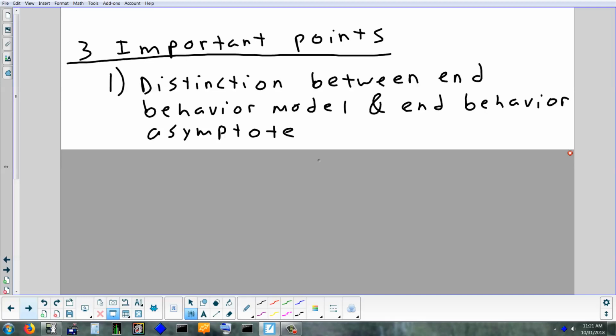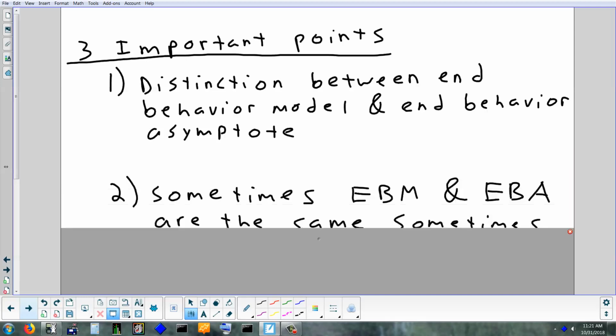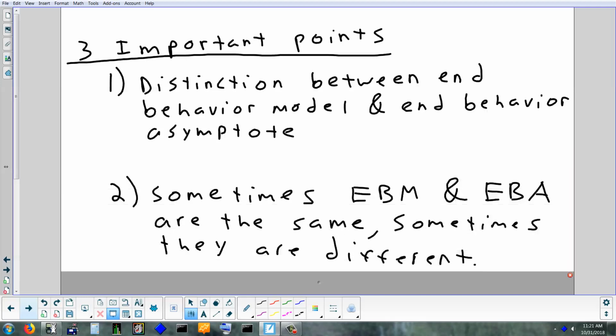Any question on the difference between how you find the EBM and the EBA? EBM was yesterday. EBA is what I just showed you right now. Sometimes, even though it's a different process to find them, sometimes they come out the same, sometimes they come out different.